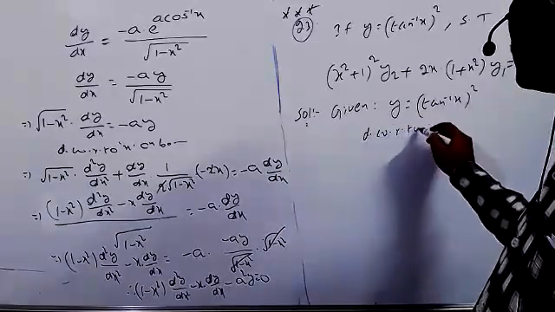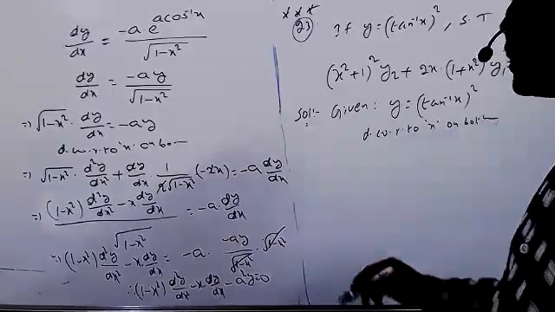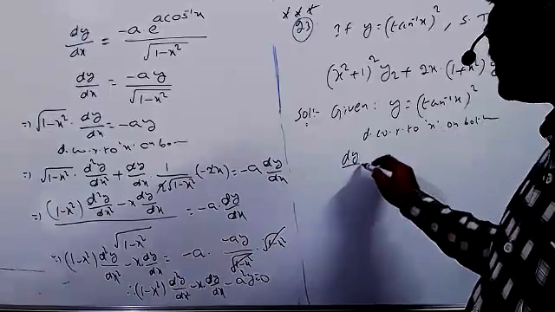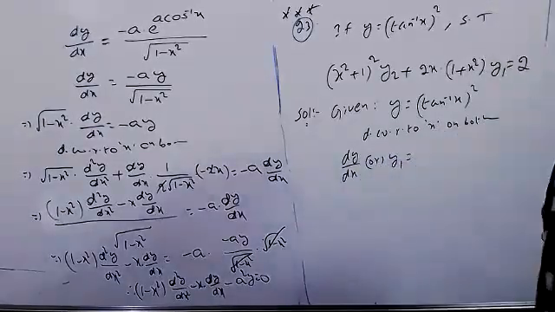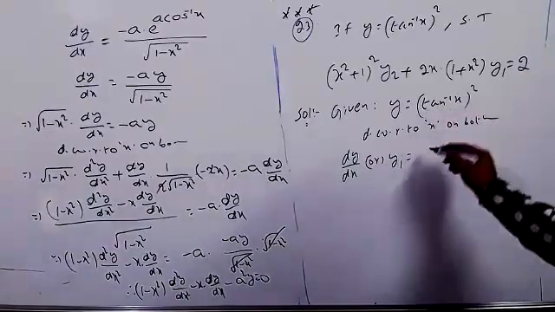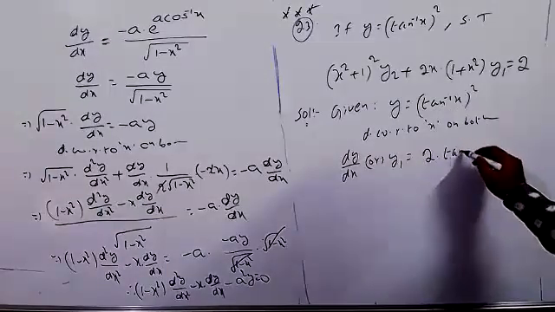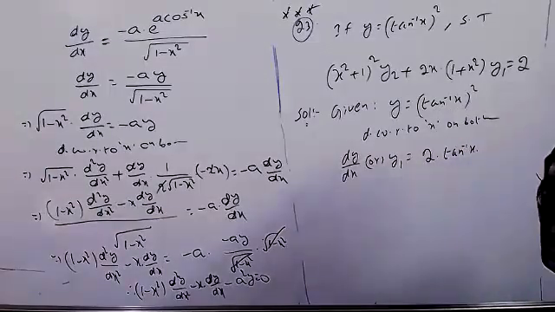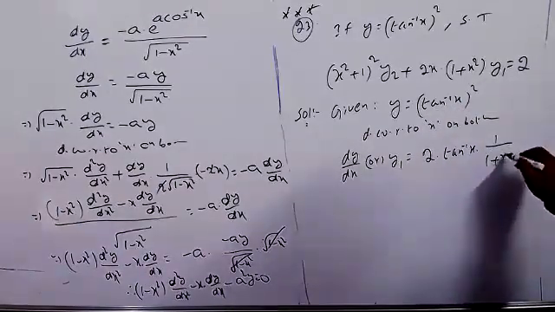So differentiate with respect to x on both sides. dy by dx or y1 equals, it's like x power n. So you can write 2 into tan inverse of x into the differentiation of tan inverse x, which gives 1 by 1 plus x square.